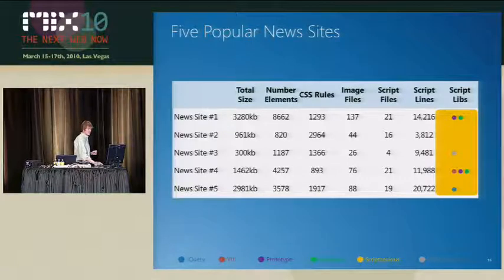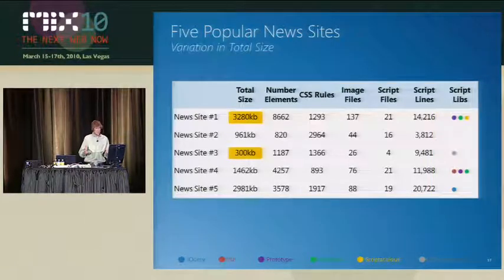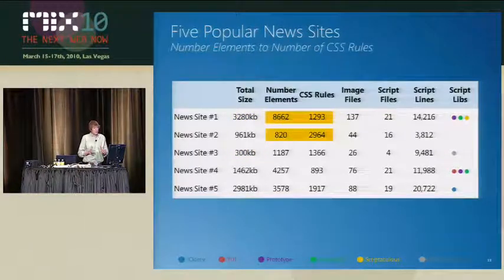Now, let's look at some of the interesting variations that occur across these sites. If we start with the total size, news site 1 is 10 times larger than news site number 3: 3 megabytes compared to 300 kilobytes of content. That's very significant for 5 websites that are producing the same type of experience for customers. If we look at the number of elements to the number of CSS rules, news site number 1 has 8,600 elements for only 1,300 rules, so about 6 elements for every single rule.